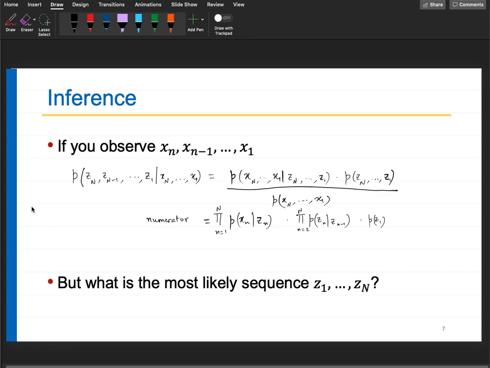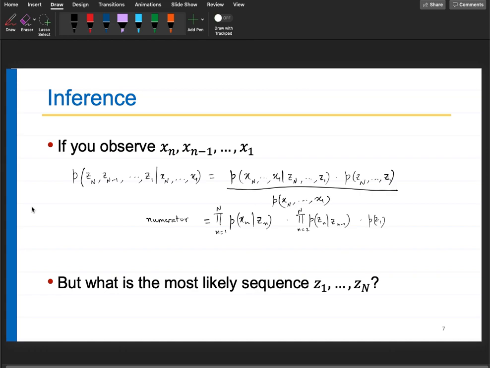Now a more difficult question. If you observe X1 to Xn, which means you observe temperatures from the first day to the nth day, what is the probability of the seasons? What was the season on the first day, on the second day, and similarly on the nth day?